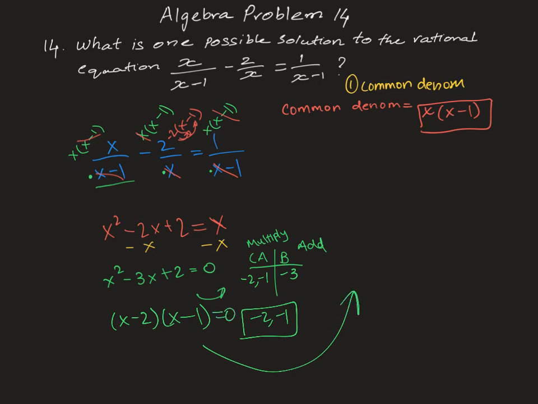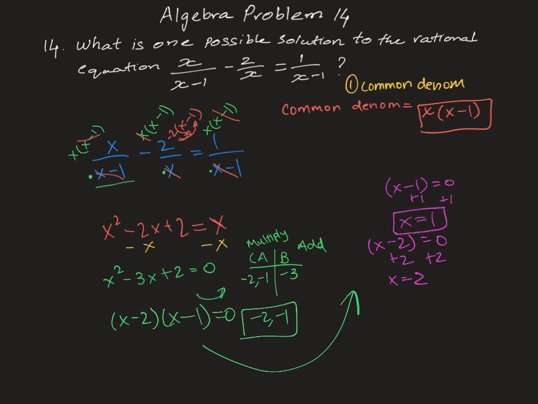We set each factor equal to 0: x minus 2 equals 0, so we add 2, x equals 2. Then x minus 1 equals 0, plus 1, plus 1, x equals 1.